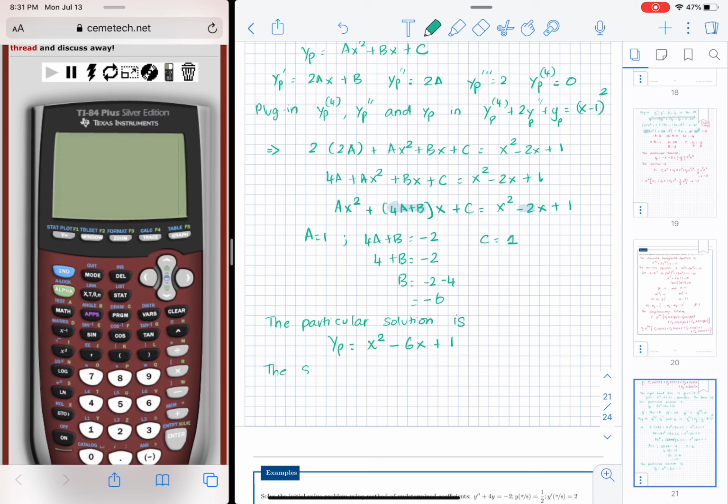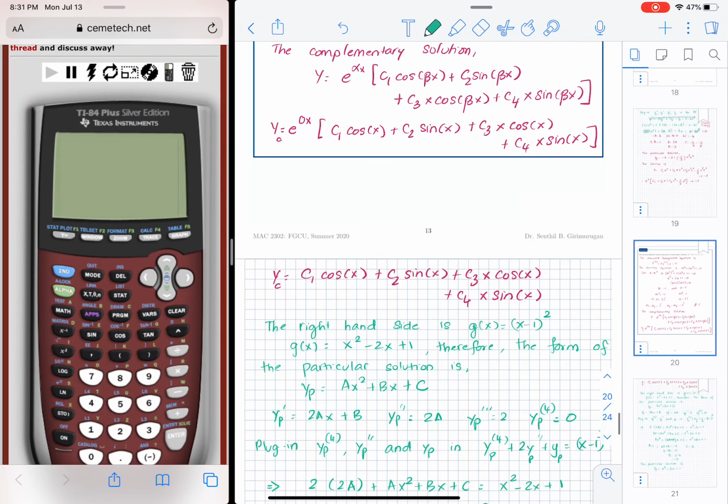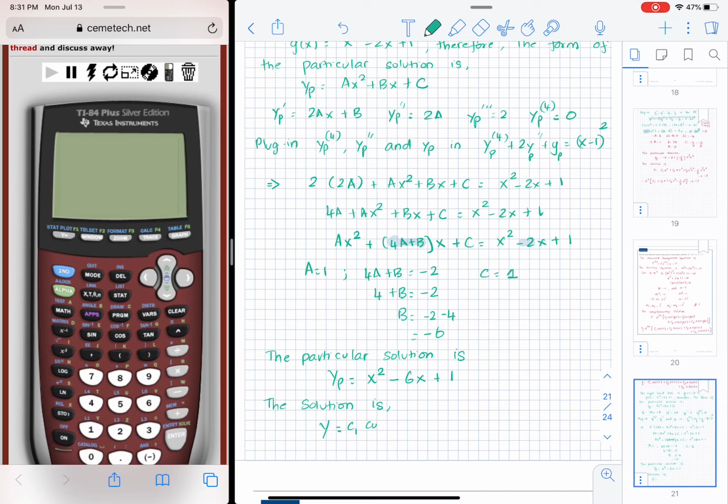So the final solution, y is equal to the complementary part, c1 cosine x plus c2 sine x plus c3 x cosine x plus c4 x sine x plus x squared minus 6x plus 1. And that is the final answer.